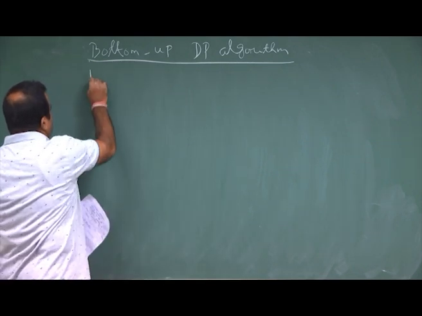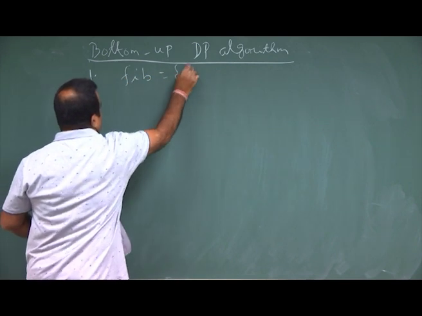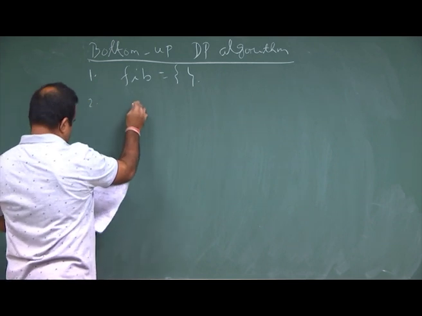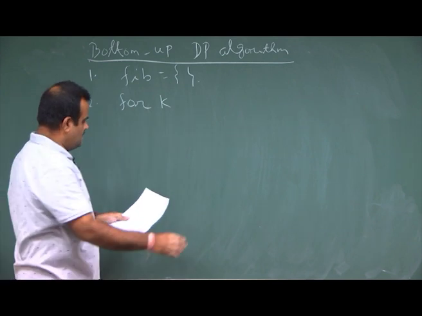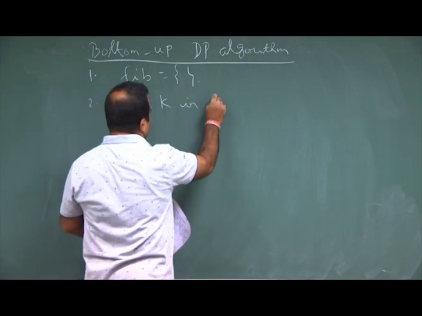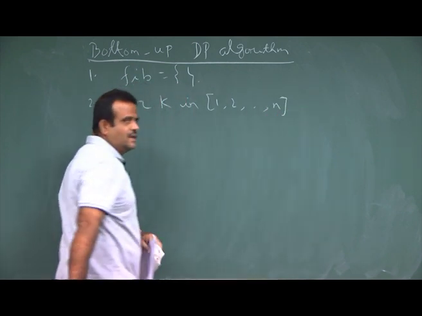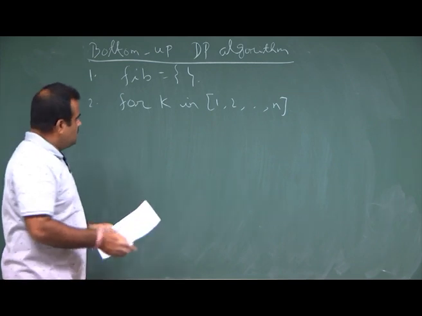So, what we are doing here, this is the code. We have this empty set. Now, for k in the range of k, which is 1 to n, since we are calculating fn.